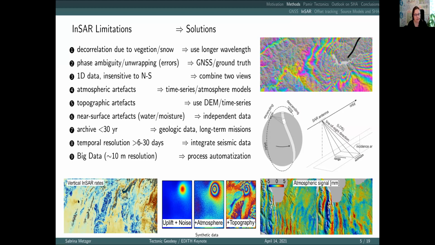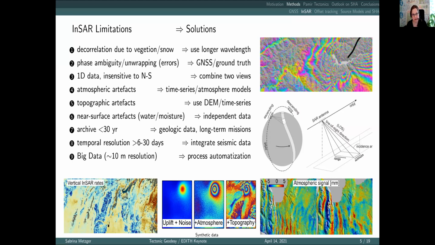And now when we reach this really high resolution, if our data is so highly resolved, we also start to see processes which we have not seen before when we looked at GNSS data, and that's what I show in the bottom left figure.